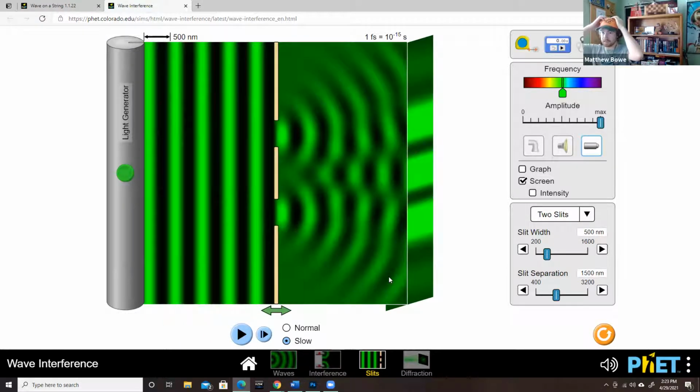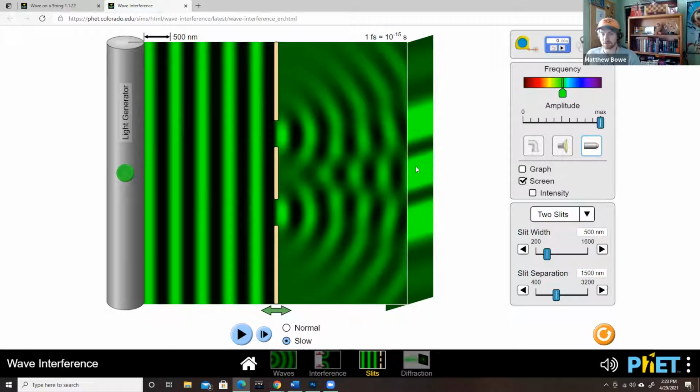So this is some of the proof that physicists needed to say that light does in fact have wave properties. Because if you look at this, there's a bright region up at the top, right behind this hole in the wall the light can shine through. On the bottom, it's right behind where light can shine through.